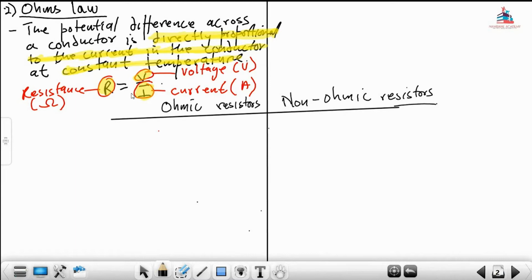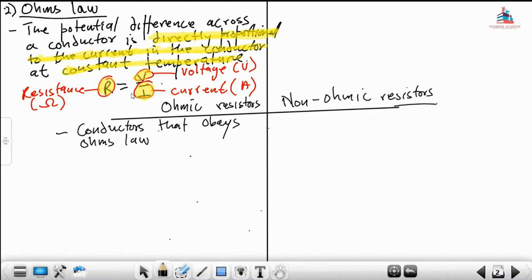Ohmic conductors are conductors that obey Ohm's law. What does this mean? It means the ratio of the potential difference to the current remains constant.